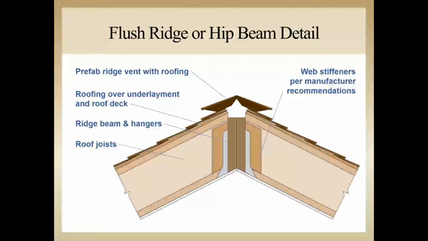After looking at ventilation solutions at the lower bearing, let's look at a detail for the peak of the roof where a flush ridge beam is utilized. In this illustration, the I-joists are raised above the ridge beam enough to create the required free area for ventilation through a ridge vent system. It's important to note as well that in other assemblies we have examined today, the blocking may need to be notched or drilled to ensure proper ventilation.